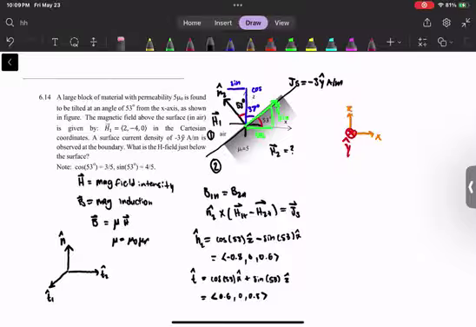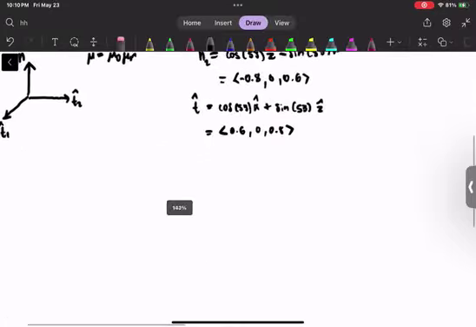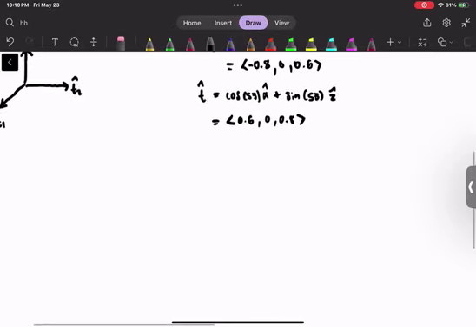Before we go into that, let's solve for our B2n. We have our relationship of B and H, so we can find our B1n, and then we can relate that to B2n using our permeability that is given.